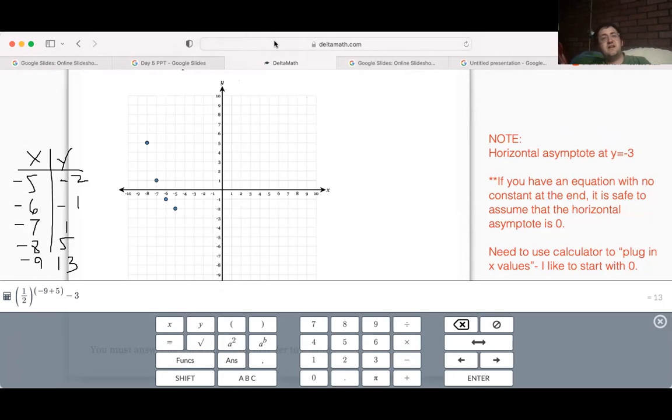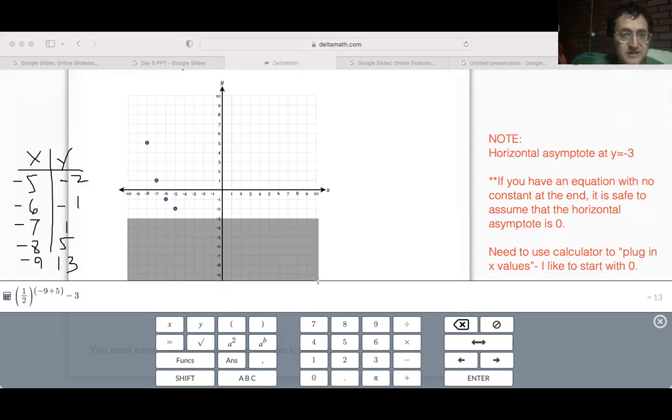And the black zone of my graph, so my horizontal asymptote is at y equals -3. So anything that's -3 and below, I am forbidden.